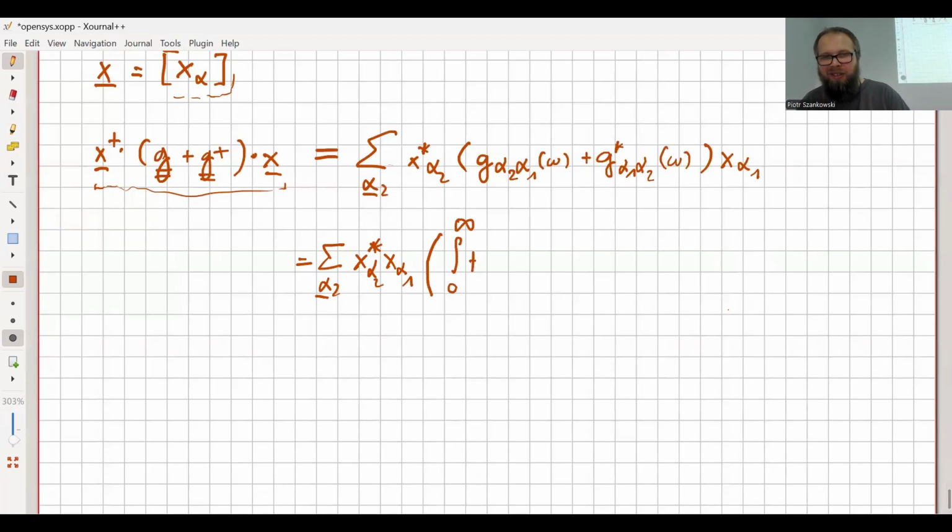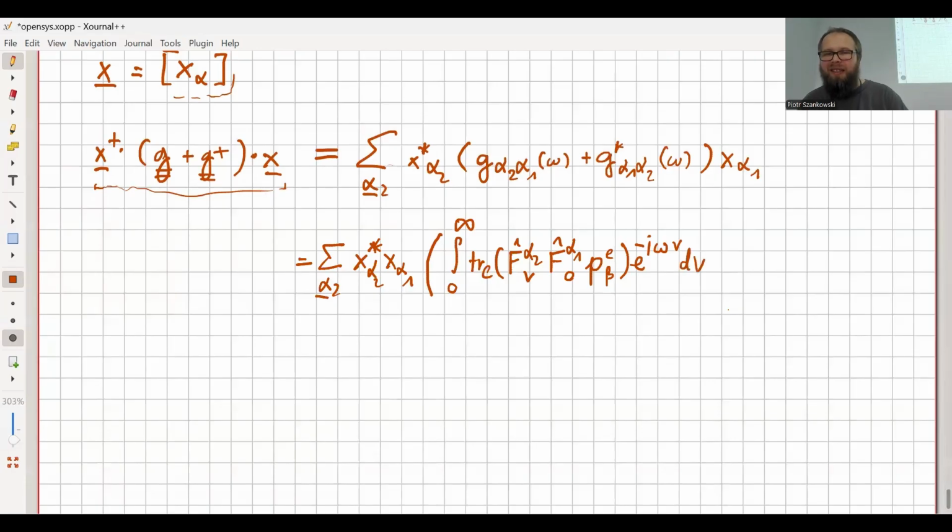So the first G is trace of f alpha 2 of v, f alpha 1 of 0, rho beta, e to the i omega v dv.